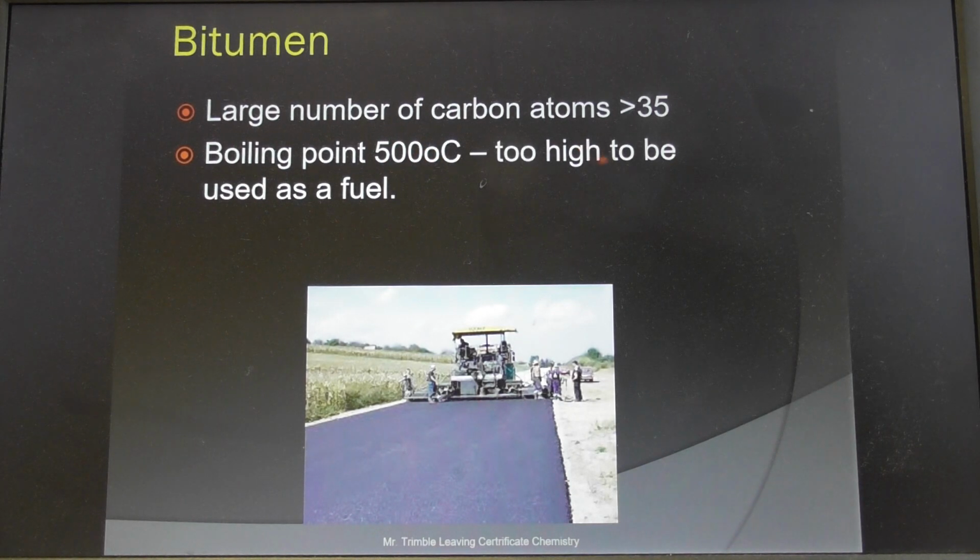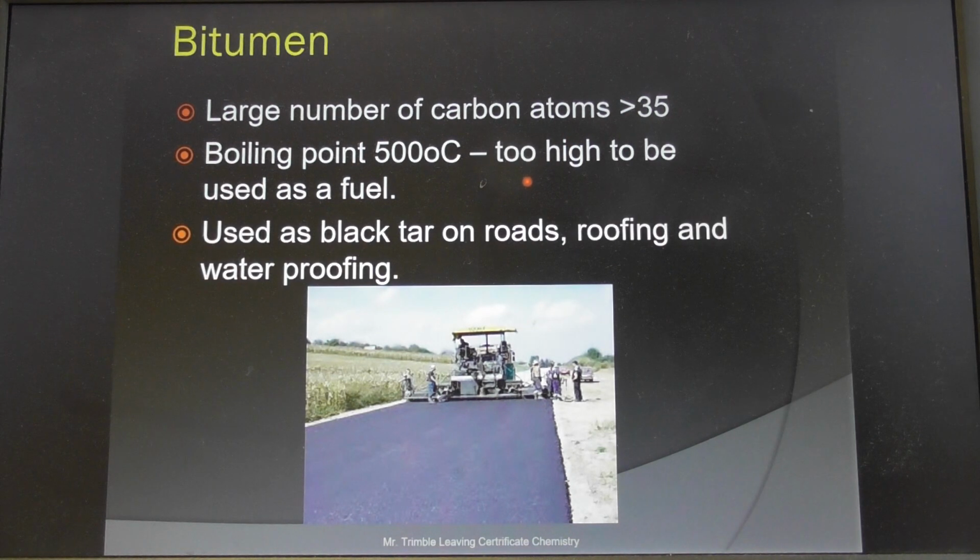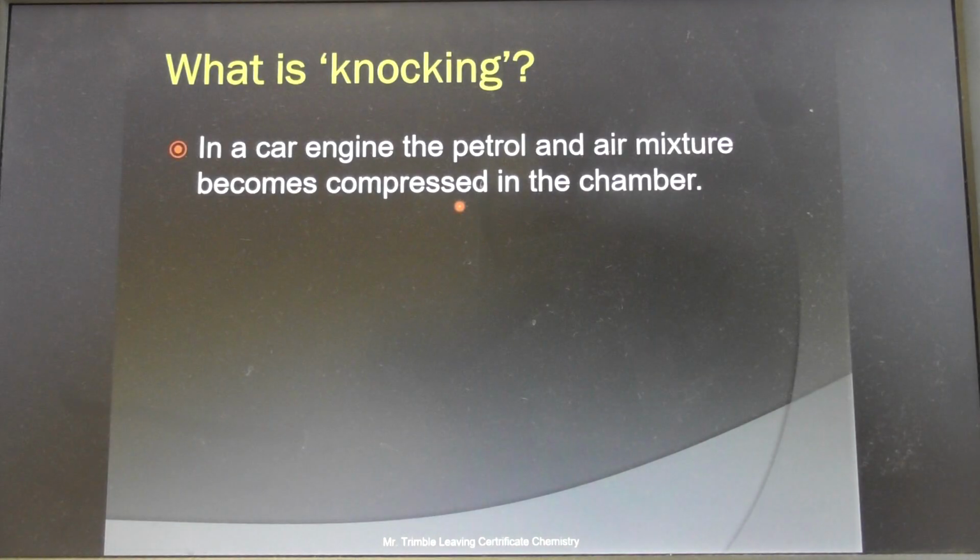So it's too high to be used as a fuel because it's not turned into a vapor easily, but it is very, very useful in terms of road. It's used as a road covering. It's also used in roofing as well, and in waterproofing swimming pools and waterproofing roofs.